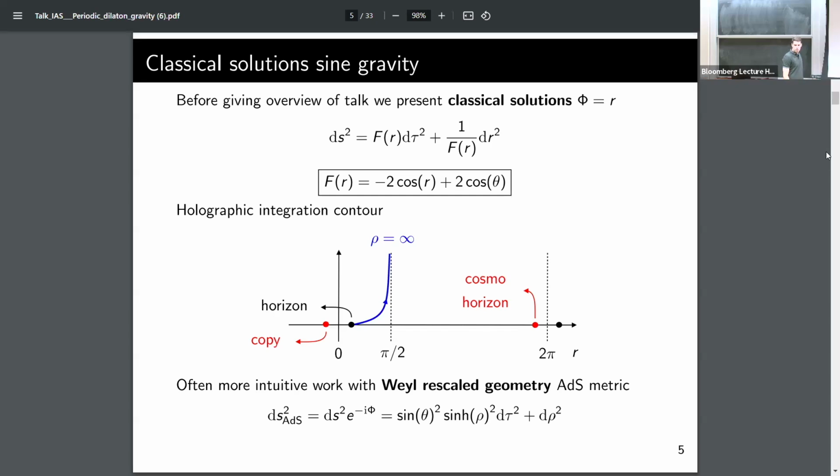Yeah, precisely. Well, the coordinate transformation, you can work it out: just multiply it with e to the i r and find the relevant transformation that brings r squared over f of r e to the minus r into the form rho squared. So it involves some log and some i's.